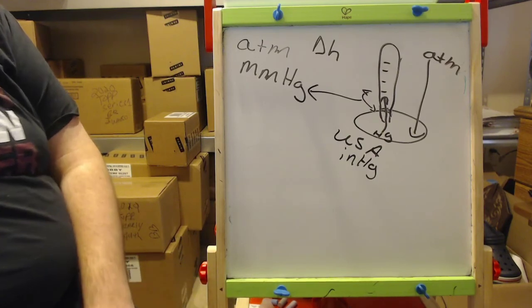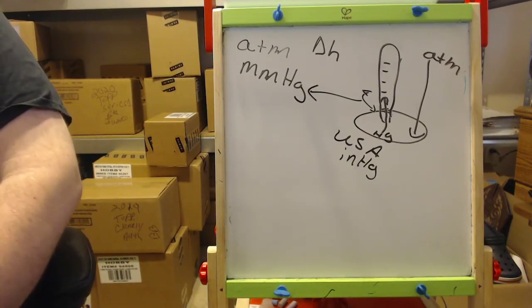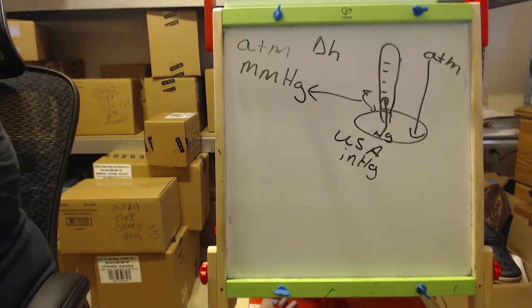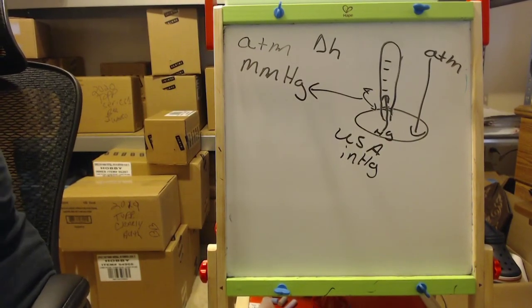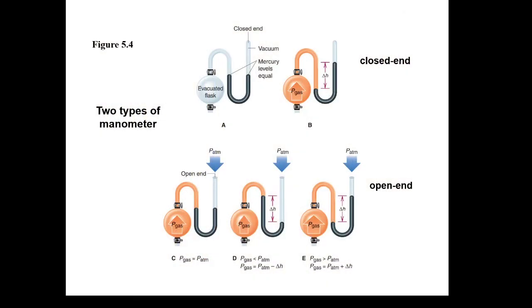Now, there's another way to measure gases that we make in lab. The barometer is great for measuring atmospheric pressure. But what if I want to make a gas in lab and measure its pressure? Then we use something called a manometer.